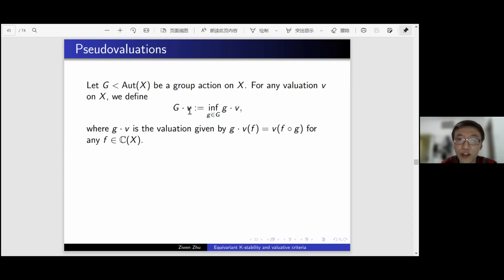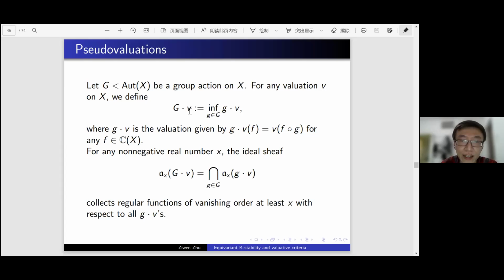Basically, we can produce a parallel result. We can still form the ideal sheaf, which examines the vanishing orders of functions on X: we take the intersection of the ideal sheaves of vanishing order coming from regular functions over all elements of the group.